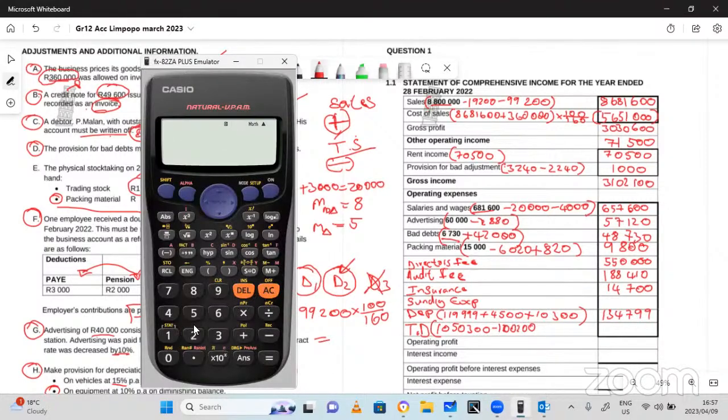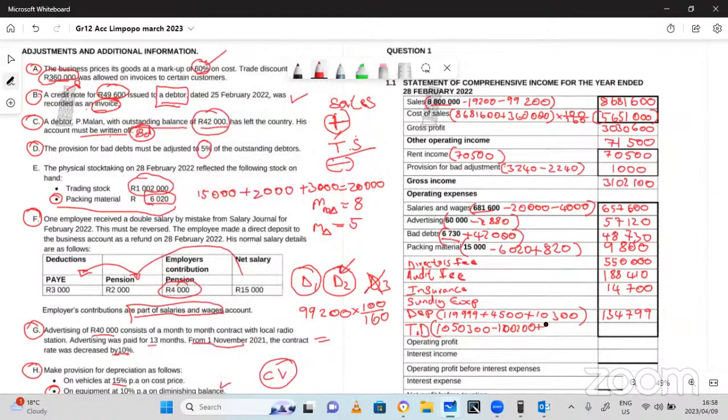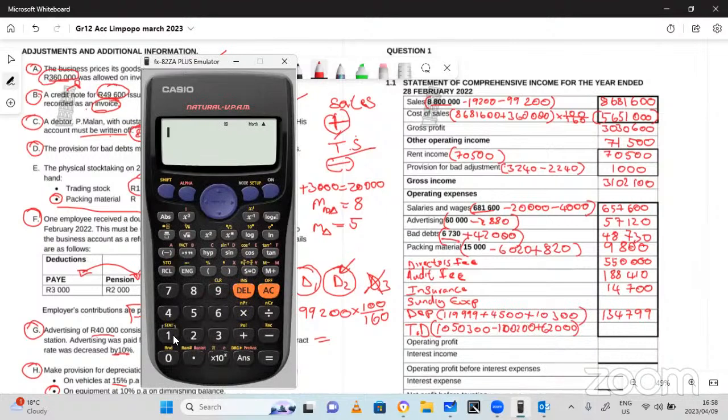So now we are saying we are going to take the 99,200 and multiply it with 100 over 160, which will give us 62,000. So what are we going to do? We are going to add back that 62,000 because our trading stock is increasing. So the amount that we are going to get there will be our trading stock deficit. There's no other transaction that will affect the trading stock.